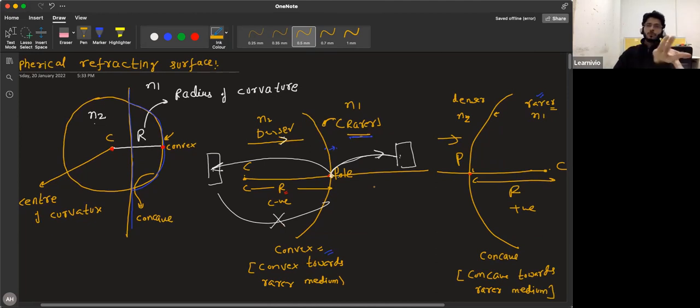But you should at least know by looking at the surface whether it is convex or concave. Even if your judgment is wrong and you write concave instead of convex, if you are using the right formula, then your calculations will not change. The formula will not depend on whether your surface is convex or concave. You'll get the same formula for both convex and concave surfaces.